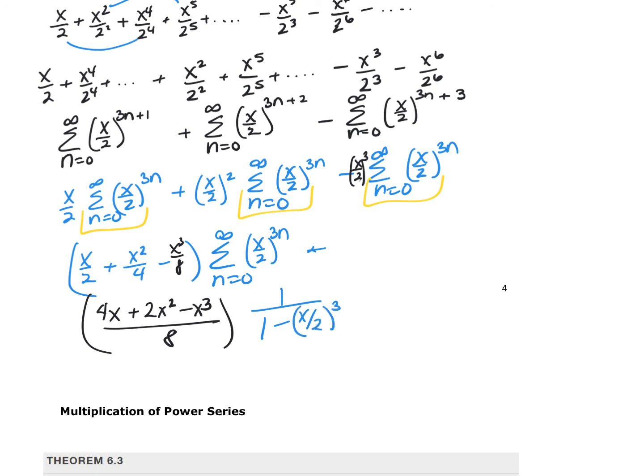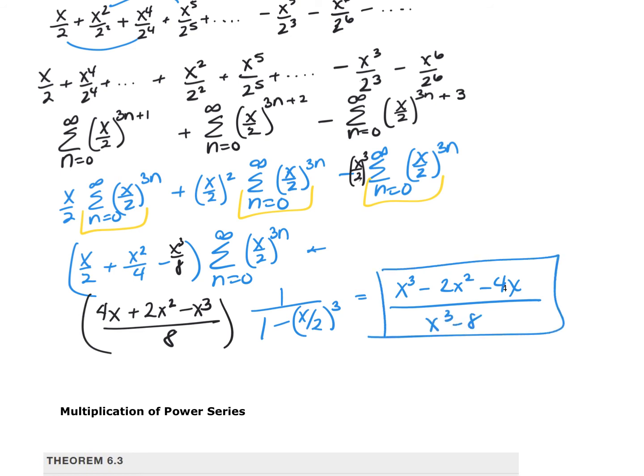When I finally get done with all of this, I'm going to end up with the simplification x to the 3rd minus 2x squared minus 4x all over x cubed minus 8. And that is my final answer there.